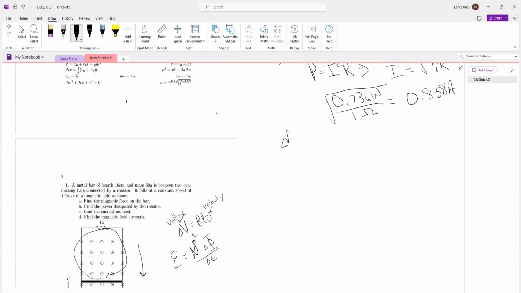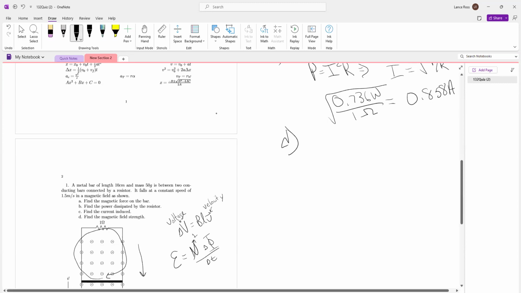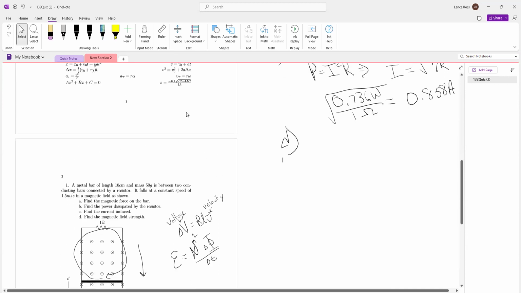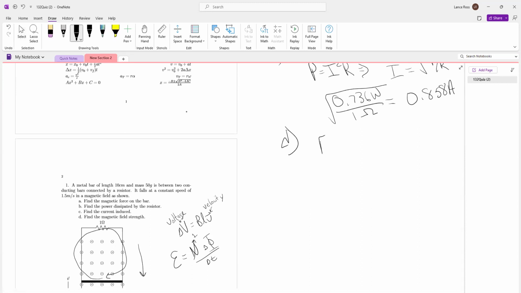Part D asks us to find the magnetic field strength. All right, how do we want to find the magnetic field strength? Well, we know the magnetic force, and we know the current.